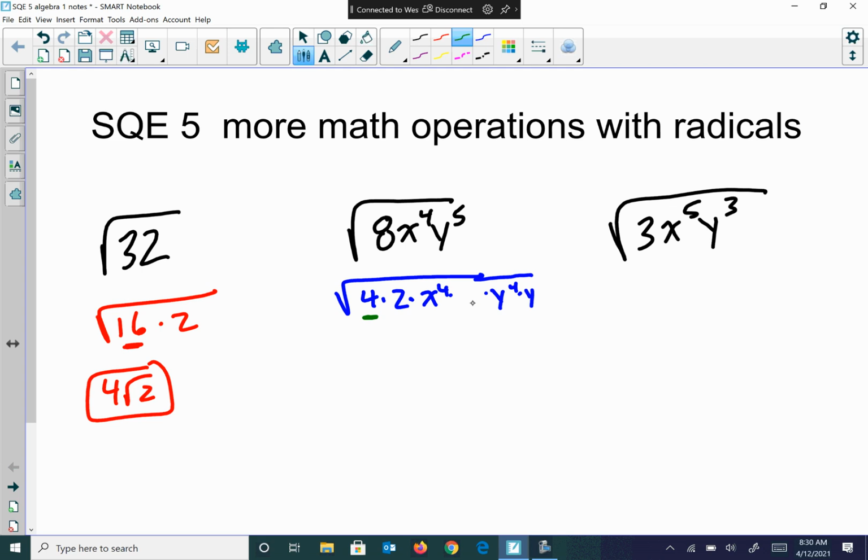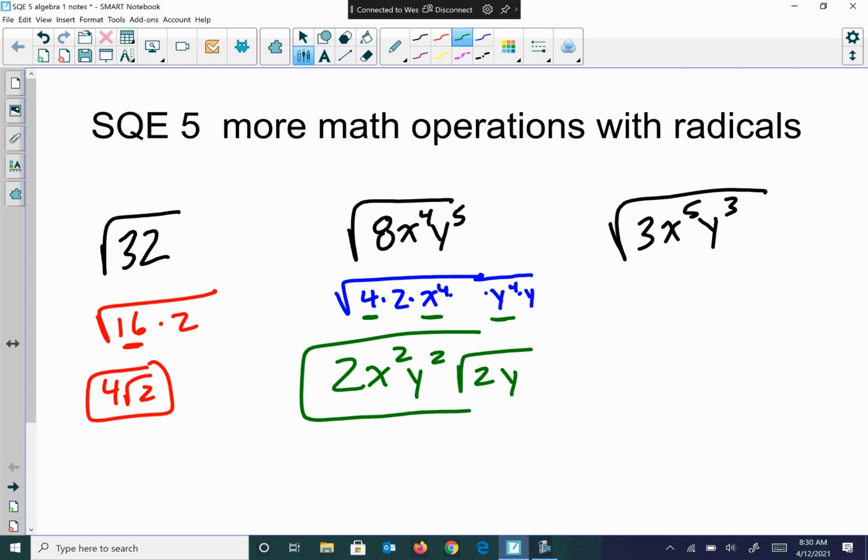Thank you for the correction. Square root of x to the 4th is x squared, just half of it. Square root of y to the 4th? Y squared. And then I have left behind a 2 and a y. There we go. Thank you for making that correction for me. I made a mistake.